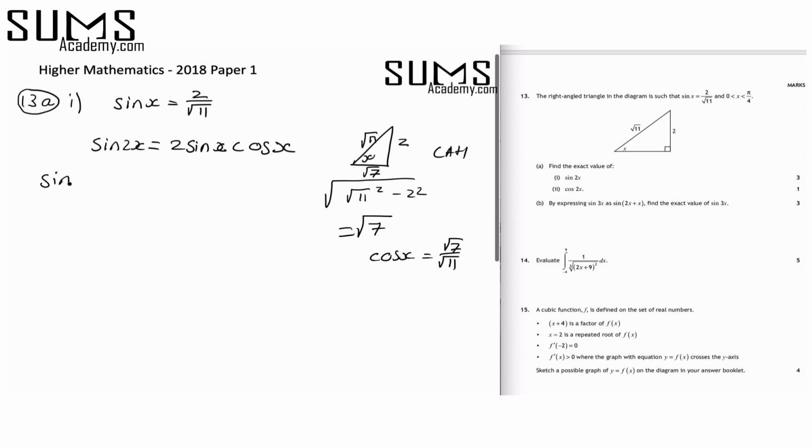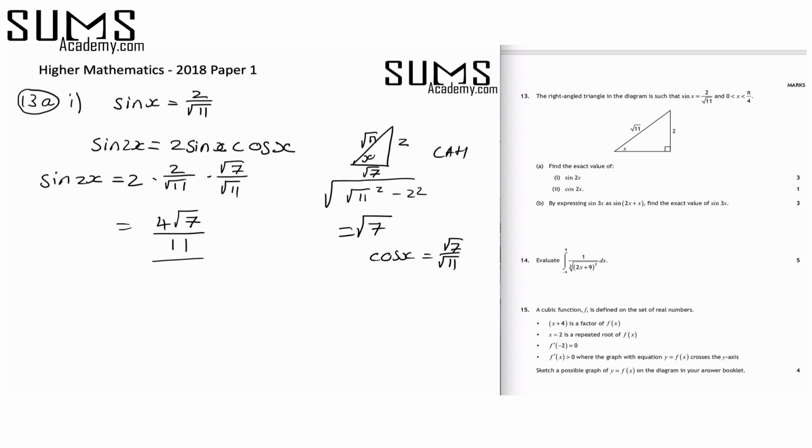So sine 2x is equal to 2 times 2 over root 11 times root 7 over root 11. What does that get us? Well, 2 times 2 is 4, 4 times root 7 is just 4 root 7, and then root 11 times root 11 is just going to be 11. So that's our final answer there.